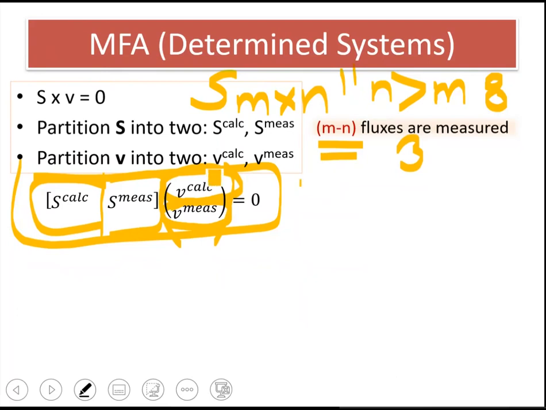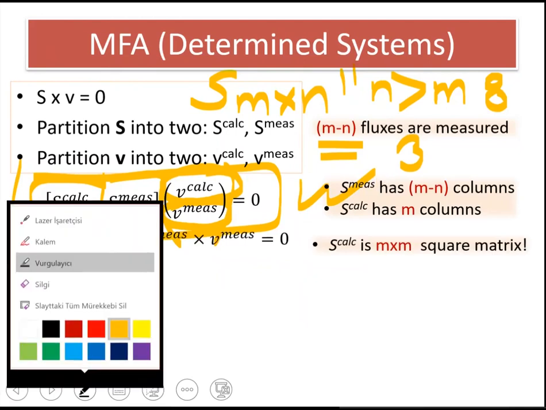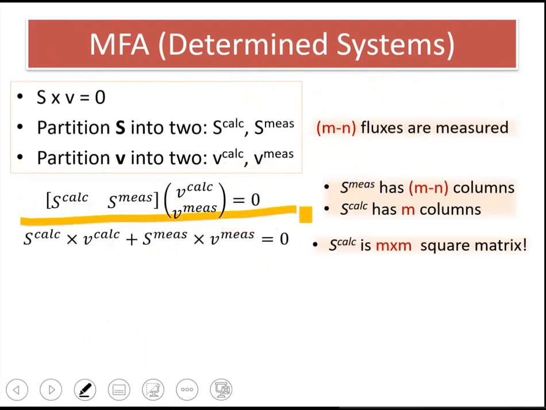And this representation you can write also like this, by separating the two matrices: the to-be-calculated part and the measured part.